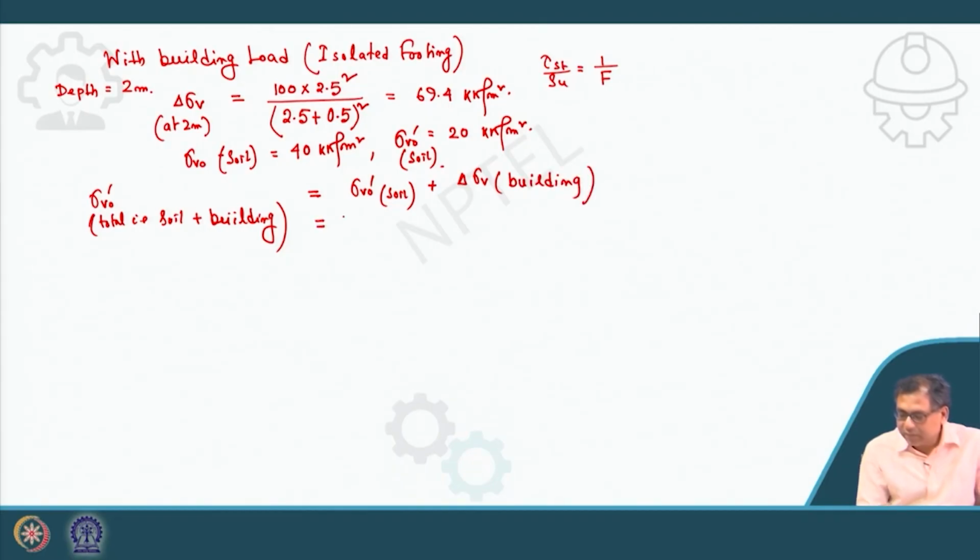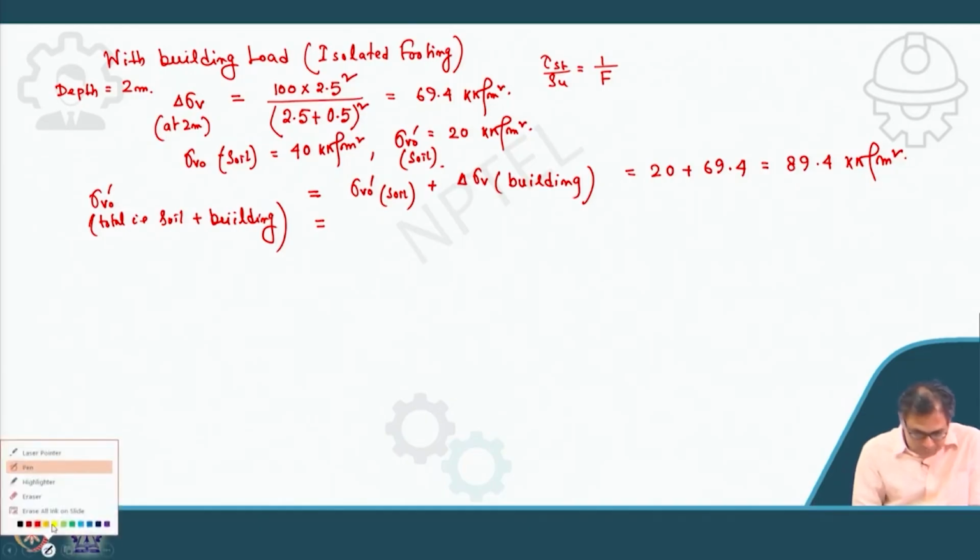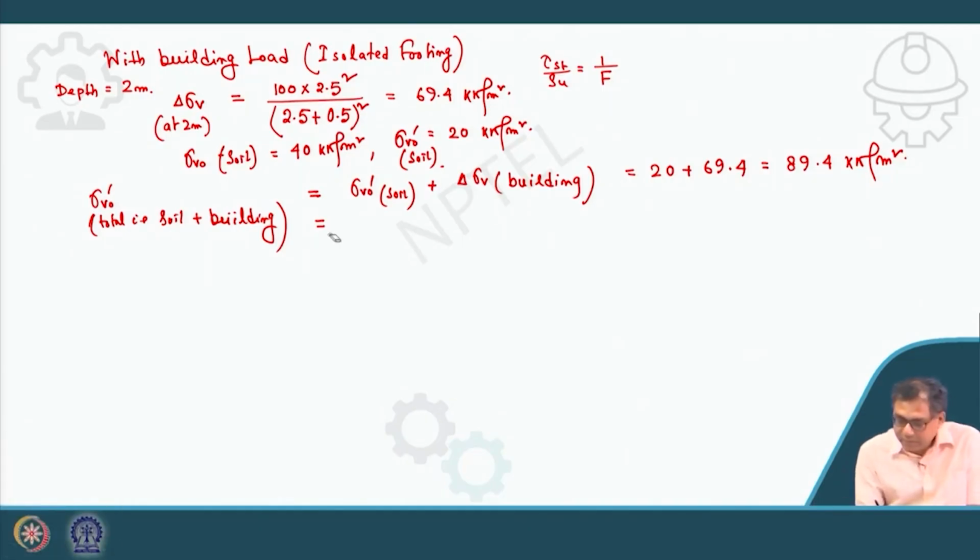Sigma V dash for soil is 20, for building it is 69.4, so this will be 89.4 kilonewton per meter square. Clear?